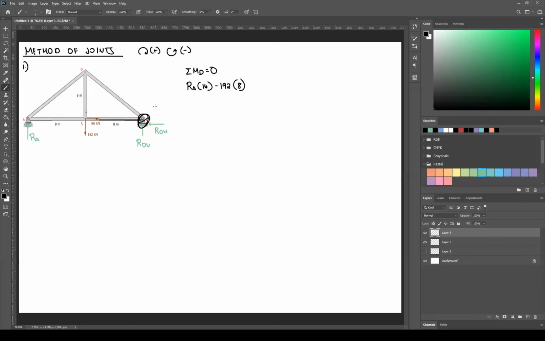So that means I can simply ignore these forces. So 96 passes through D, so I'll just ignore that. And then in the same way, RDV passes through D, RDH passes through D, so I'll ignore both of those. So there's no other force here.